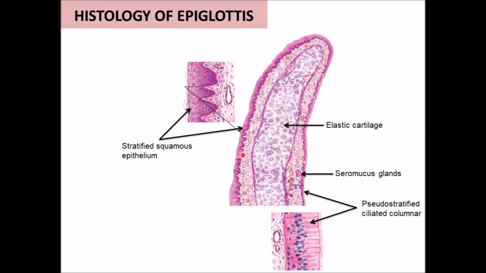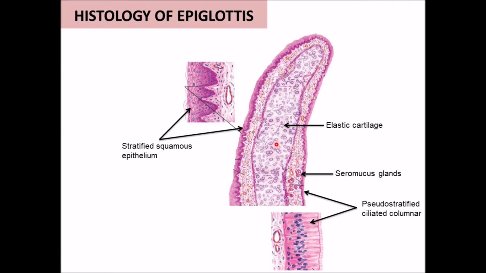Now the lamina propria towards the lingual surface is occupied by the connective tissue fibers, blood vessels, nerve endings. Along with these structures, it may have lymphatic nodules or lymphatic aggregations towards the lingual surface. Whereas lamina propria towards the laryngeal surface shows some seromucous glands.